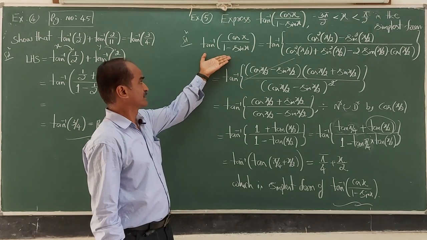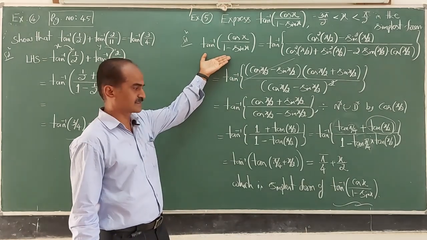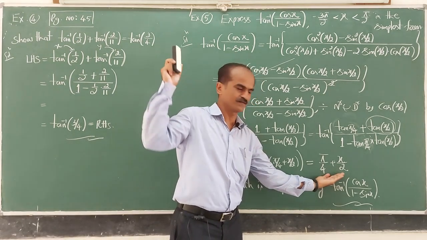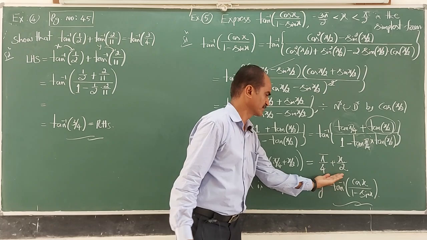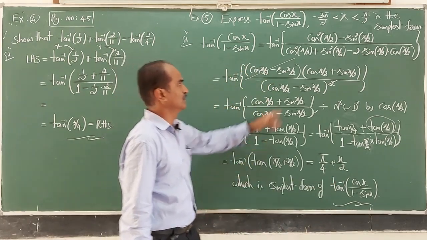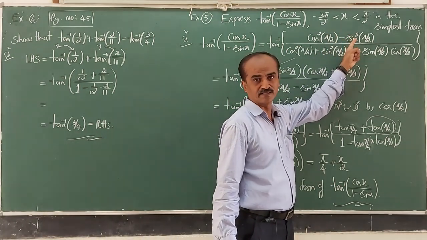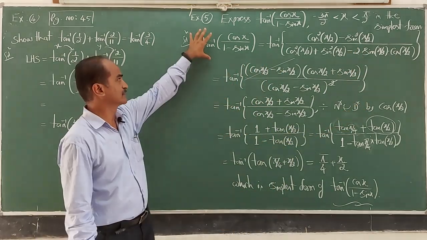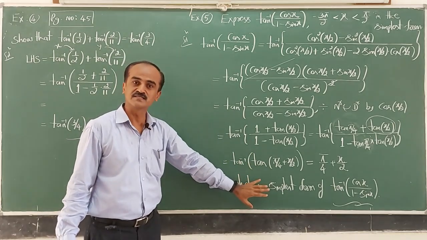Earlier it was tan inverse of cos x by 1 minus sin x. Equivalently, for values of x, this is also the same, that is pi by 4 plus x by 2, whenever x lies in this interval. So, this is the procedure of writing the given inverse trigonometric function in the simplest form.